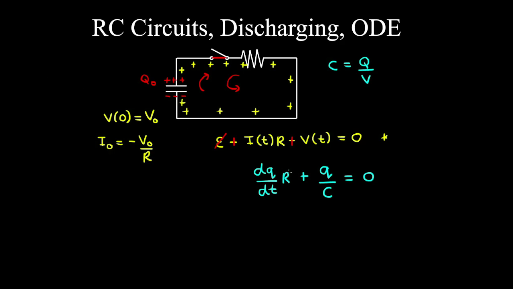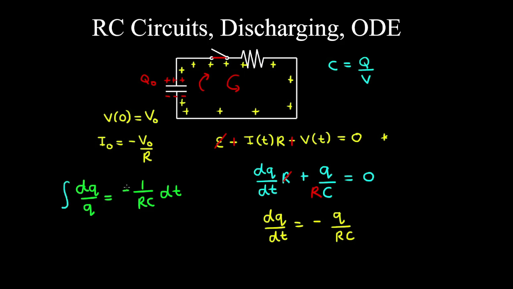So now if we divide through by R and rearrange this equation for dq/dt, so that will be equal to minus q on RC. And now if we separate the variables, we get dq on q is equal to minus 1 on RC dt.